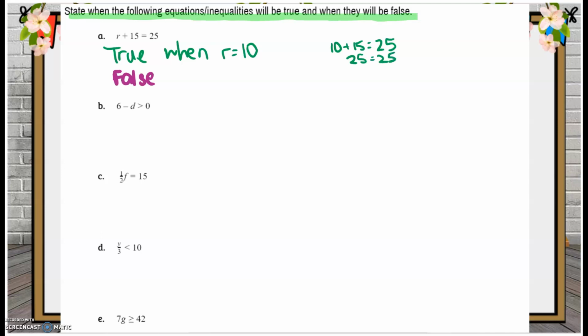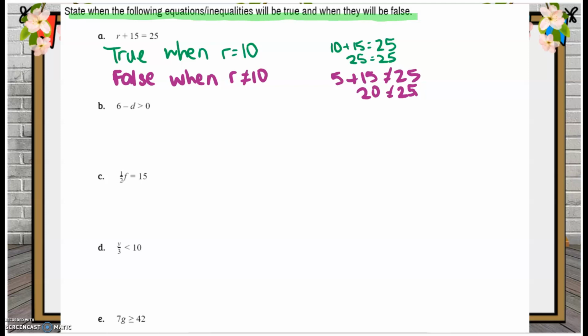So this statement is false when r is not 10. For example, if we had a number like 5, so 5 plus 15, does that equal 25? That does not, because 20 is not 25. Anything other than 10 for r would make that statement false.